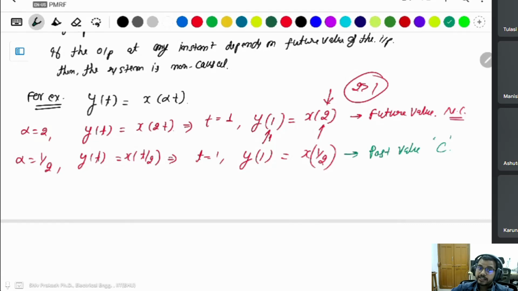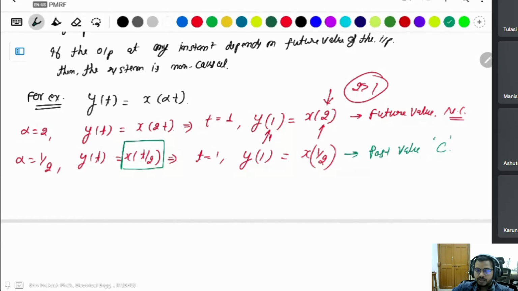But if at any instant the system uses a future value, then that system will be non-causal. In this case, your system is x(t/2).